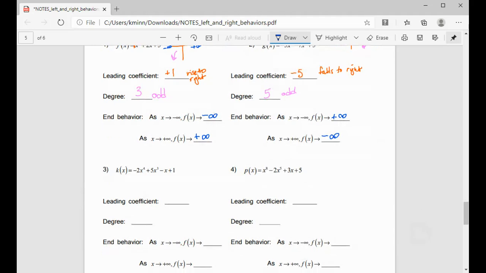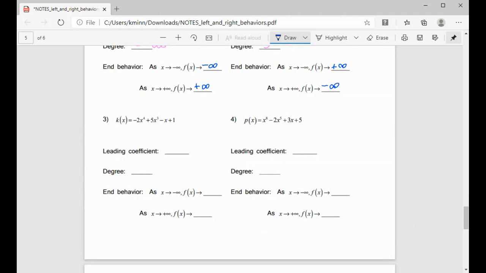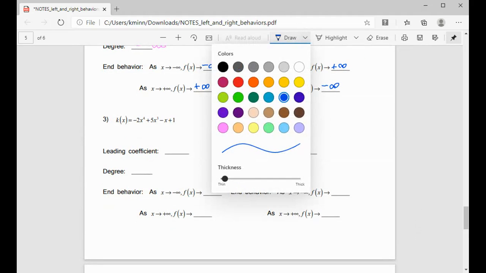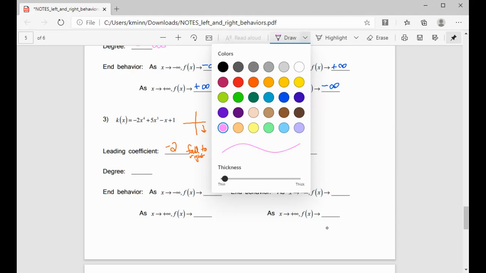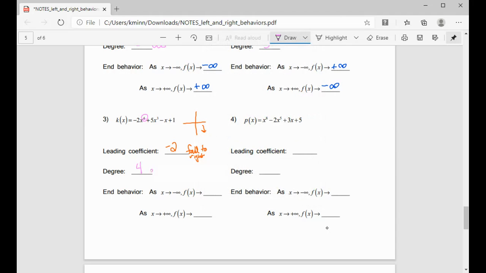Number 3. Our lead coefficient this time is negative 2. Because it's negative, this is going to fall on the right. It's going to go down. And then our degree is 4, right? Which is an even number, which means we have to have end behaviors in the same direction.